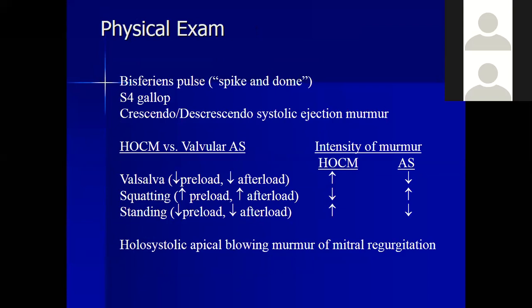With Valsalva, or when you go from sitting to standing, so this is a kind of Valsalva you do, your preload is decreased, your afterload is decreased. So your HOCM murmur is increased. In AS, the murmur will decrease, while the HOCM murmur will increase. When you squat, your preload will increase, meaning SVC and IVC flow is more.